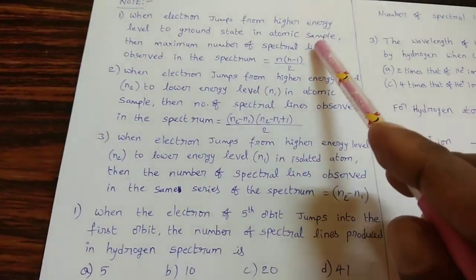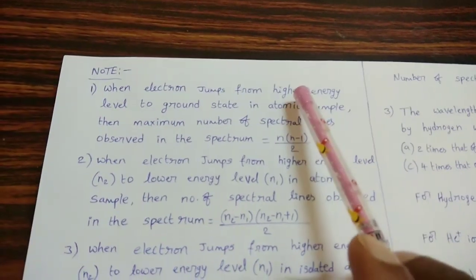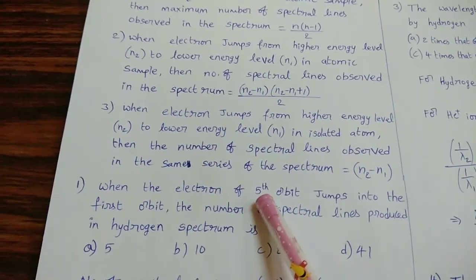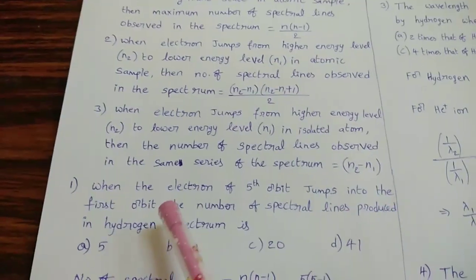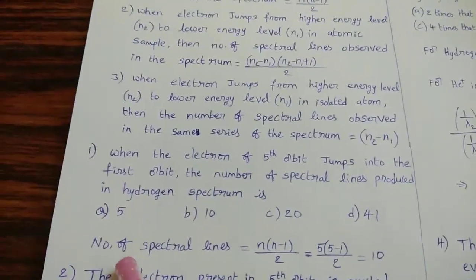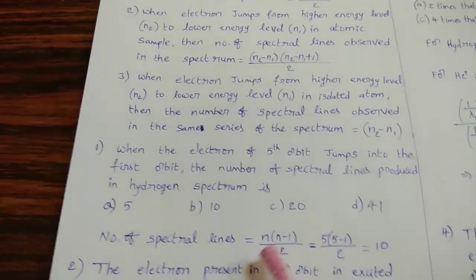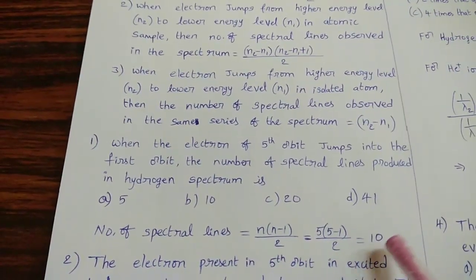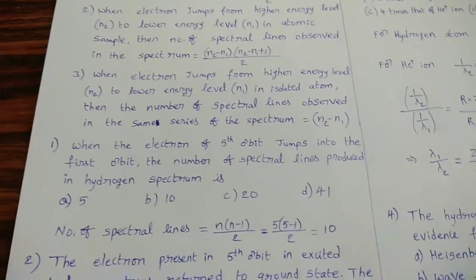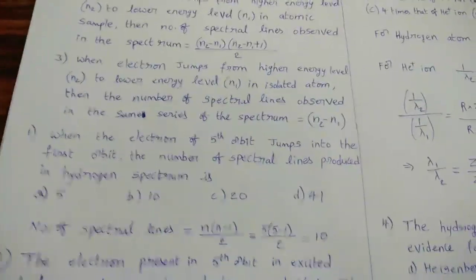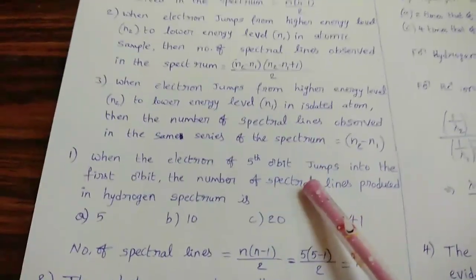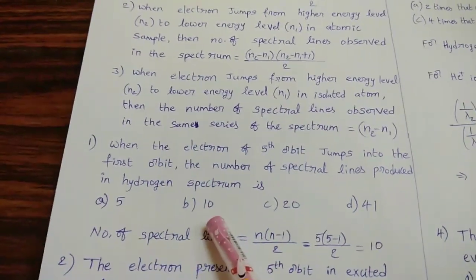The first formula is suitable: from a higher energy level to the ground state. Here the higher energy level is the 5th orbit, the ground state is the first orbit. So the number of spectral lines equals n into n minus 1 by 2. n value 5. Substitute, we get 10. So 10 spectral lines are possible in this case. So option B is the answer.